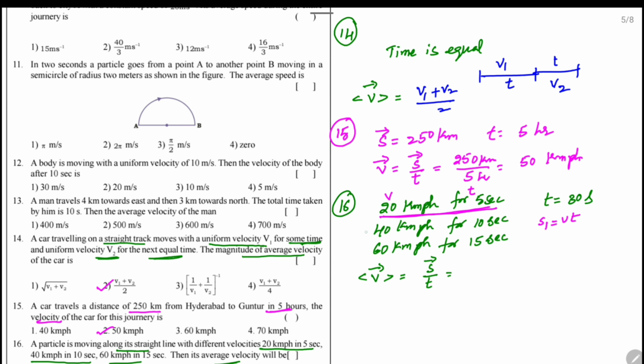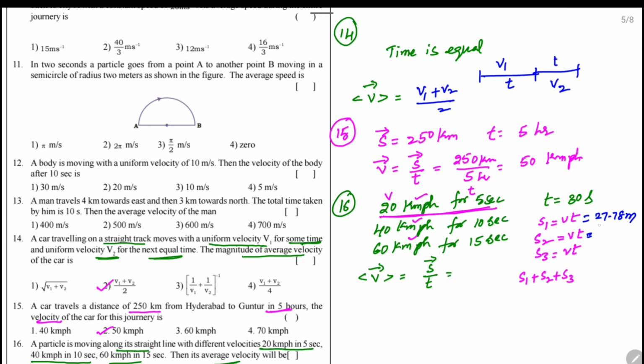Similarly S2, the distance covered in the second portion, is also speed into time, and S3 is also V into T. Now the total displacement is S1 plus S2 plus S3. S1 is 27.78 meters.